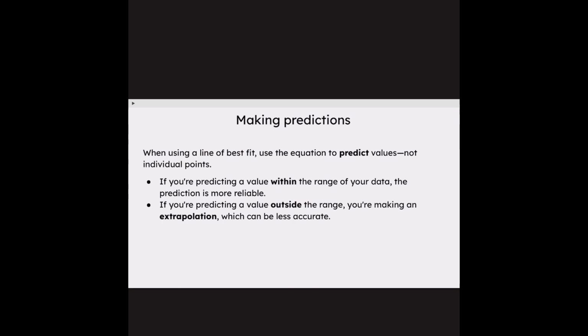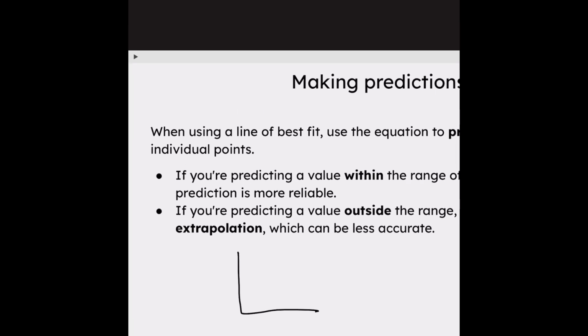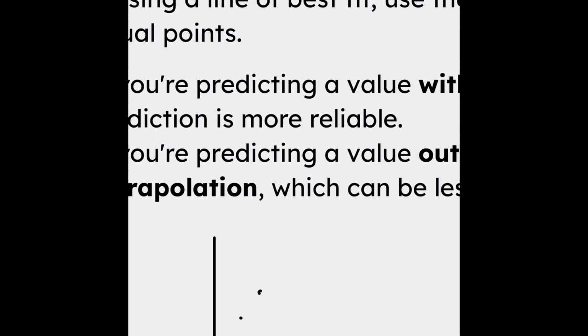So when you're using a line of best fit, use the equation to predict values, not individual points. If you're predicting a value within the range of your data, then your prediction is more reliable. But if you're predicting a value outside of your range, then you're making an extrapolation, which is less accurate. So maybe you have a range of values like this, and you have this line of best fit.